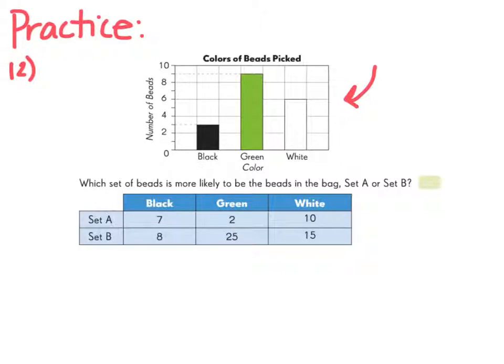Then calculate the theoretical probability of drawing black, green, or white from set A and from set B. Then compare the experimental probabilities that you calculated from the chart to the theoretical probabilities that you calculated from the blue chart, and decide which set, A or B, is closest to the experimental probability you calculated from the graph.